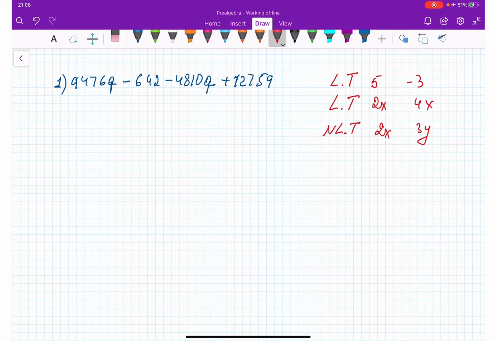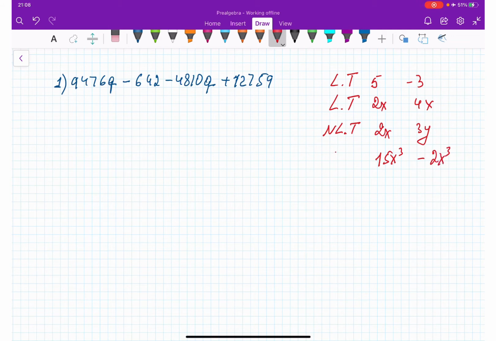Next, even if they have the same variable, they have to have the same degree also. Let's say 15x cubed and -2x cubed as well.